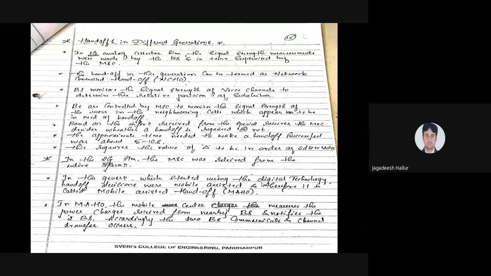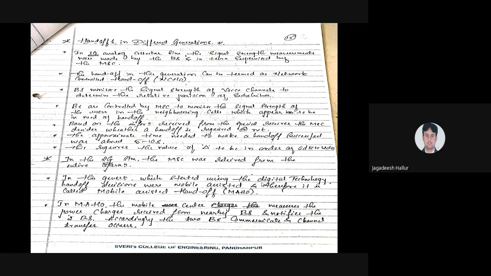The available channels for that network are very few, so it takes more time for the handoff and the power margin required is very high. So the first generation handoff is also called network controlled handoff, NCHO.